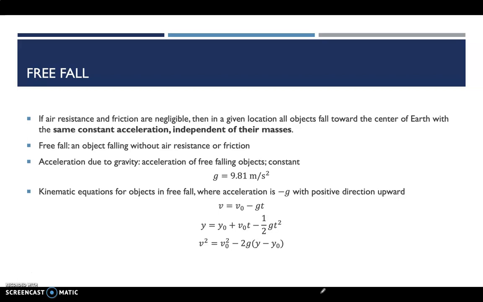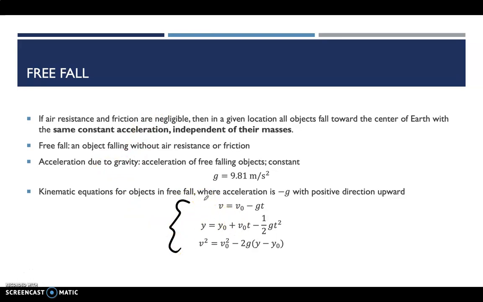Kinematic equations for objects in free fall, where the acceleration is negative g and the positive direction is upward, are listed here. Notice the similarity to the other equations of motion that we were working with.